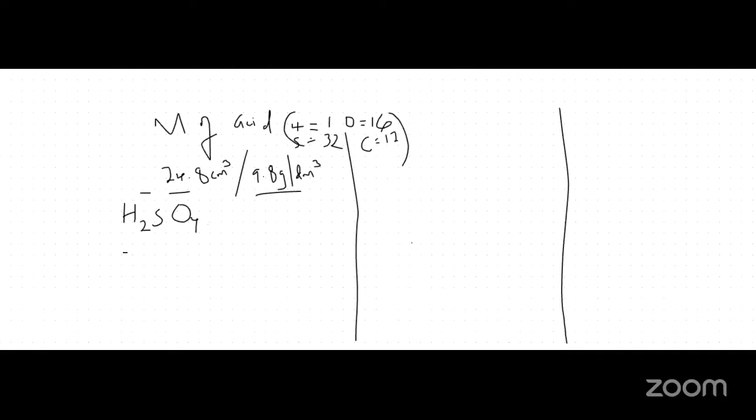So it is 24.8 centimeters cubed of sulfuric acid, and they have dissolved 9.8 grams per dm cubed. The other day I said dm cubed could be 1 liter.